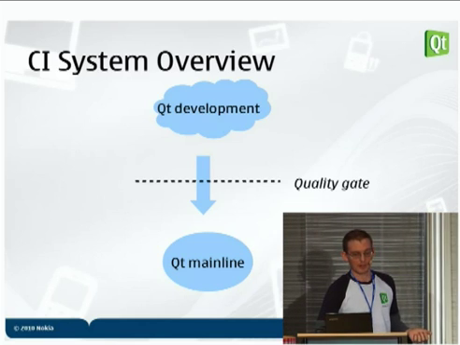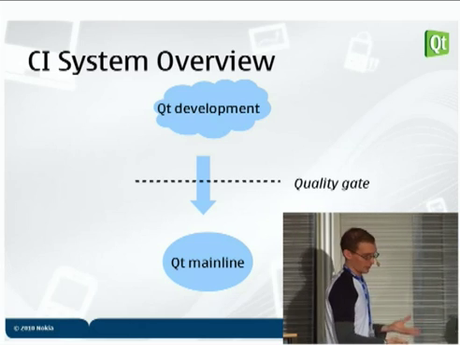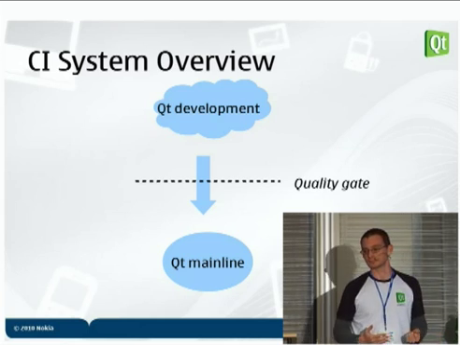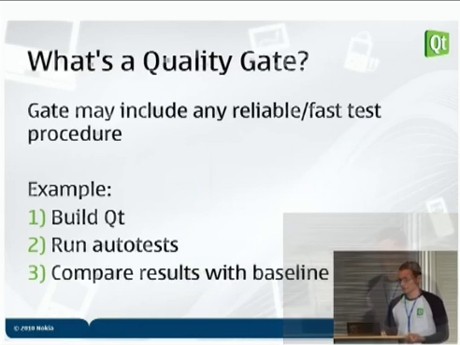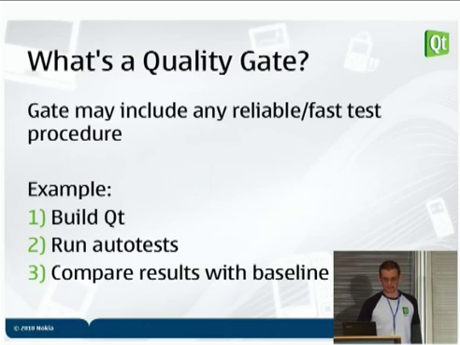Then at the bottom, we have Qt mainline, some Qt 4.7, for example, some branch of Qt that is supposed to be stable. And in between them, we have this thing called a quality gate. So what is a quality gate?